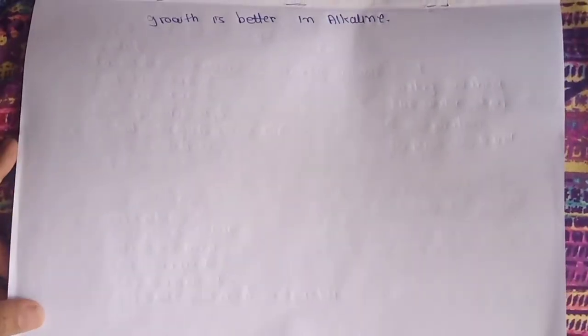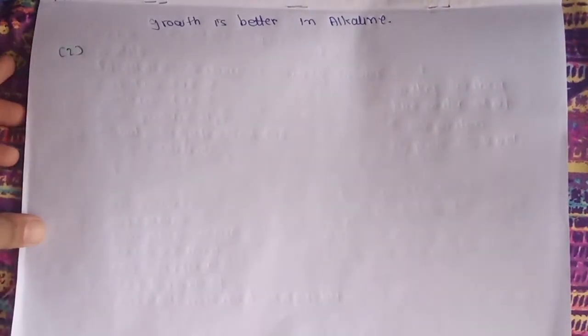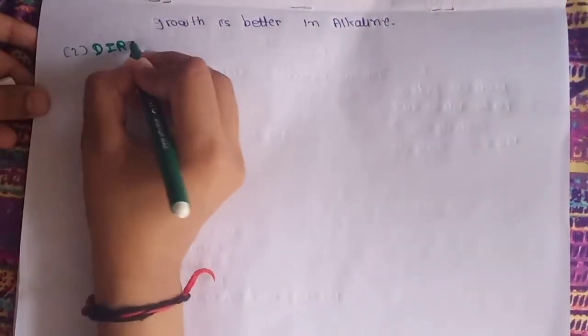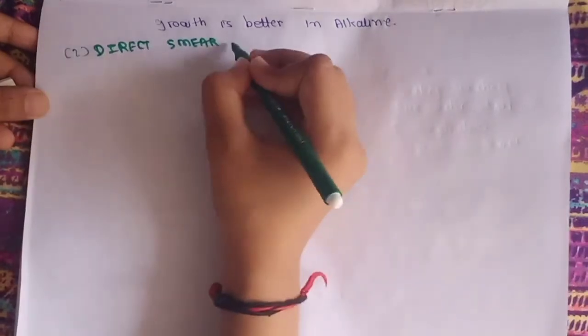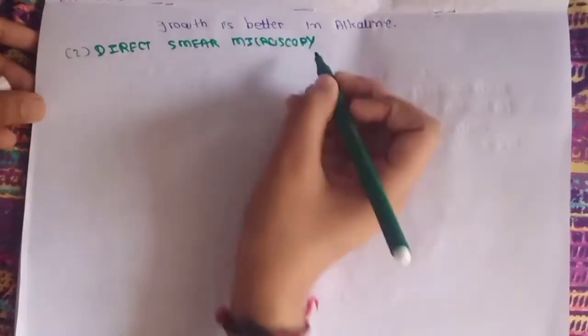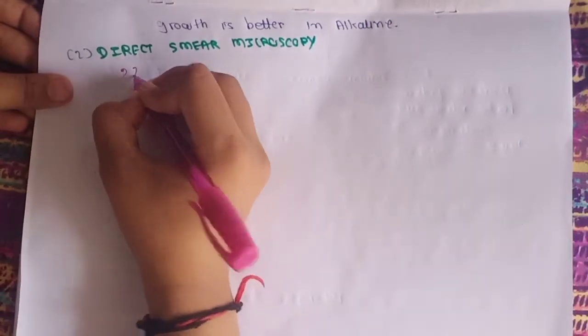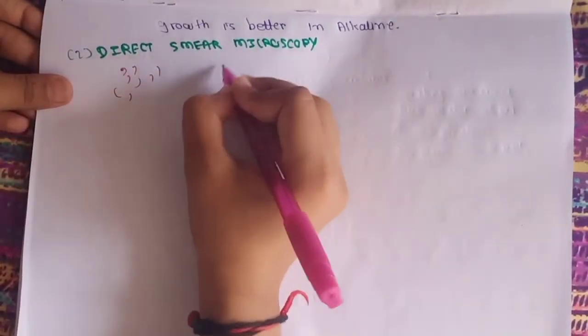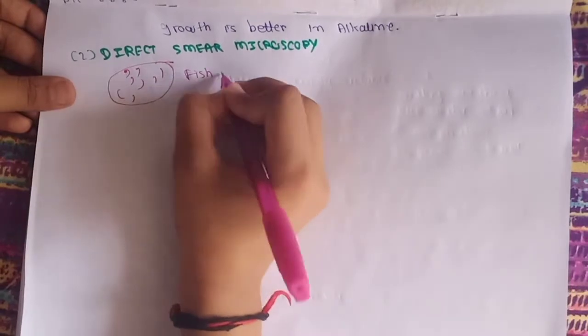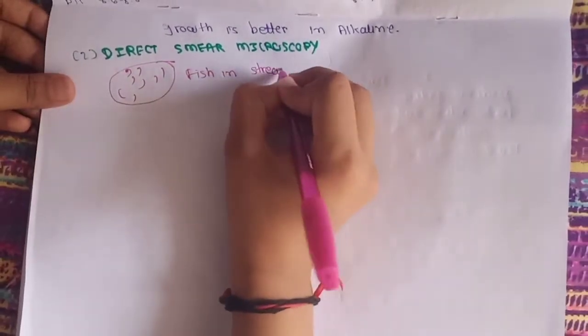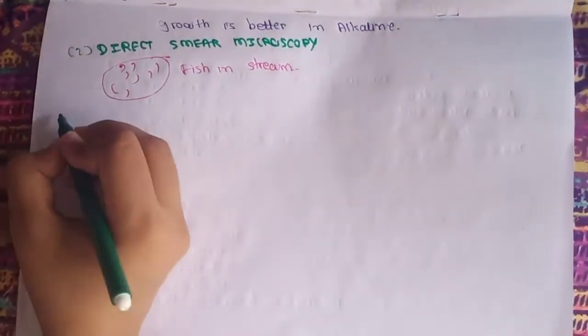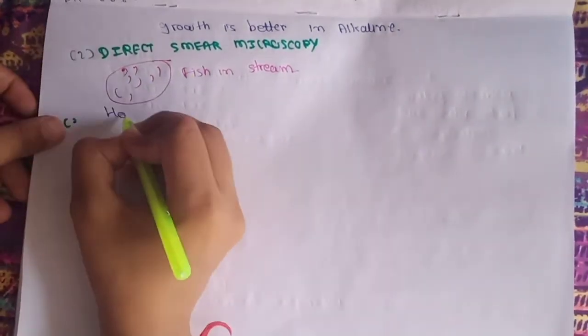Now, the next method is direct smear microscopy. In direct smear microscopy, we will see that Vibrio cholerae is a short curved, comma-shaped, gram-negative rod arranged in parallel rows. They will show a fish-in-stream appearance. By this method, we can also check the motility.